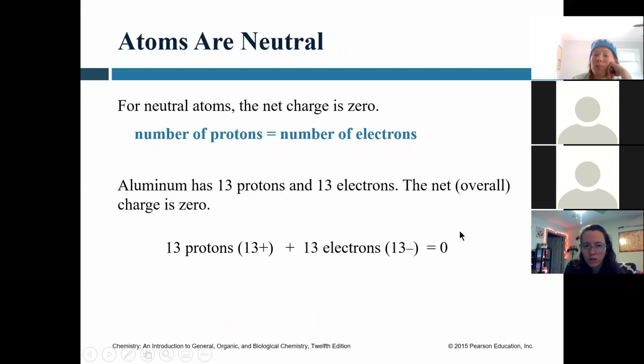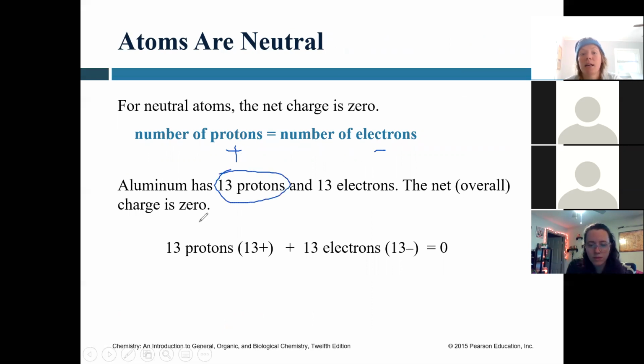And then we kind of already talked about this, but atoms are neutral. So the number of protons needs to equal the number of electrons, because protons have positive charge, electrons have the negative charge. So aluminum, if it has 13 protons, that's going to give me a positive 13.